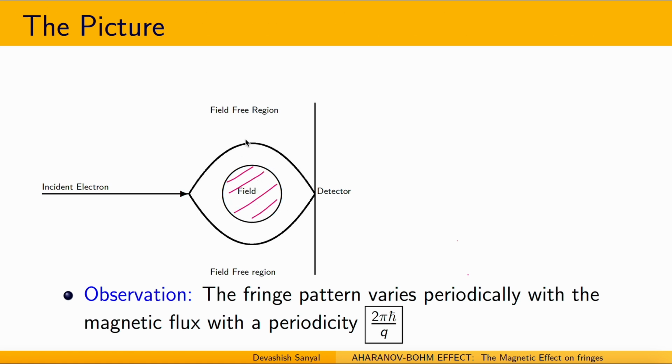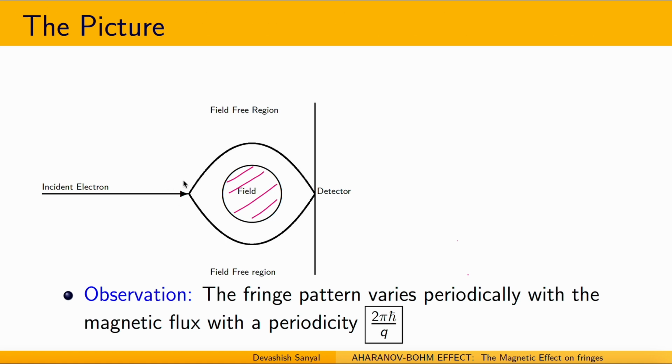The arrangement is such that the electrons coming from the left cannot enter this region of magnetic field, so they have to bypass the region. The electrons come from the left hand side, bypass the region, and are recorded by the detector or the screen which is placed here.